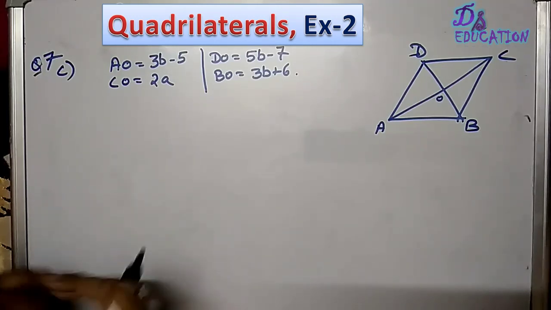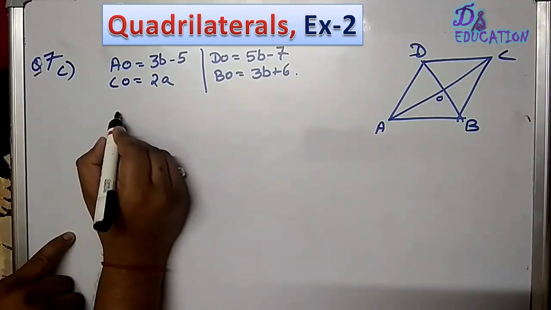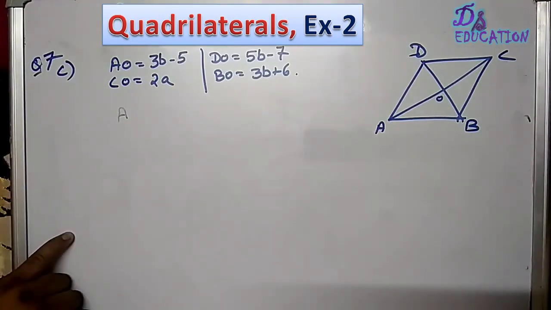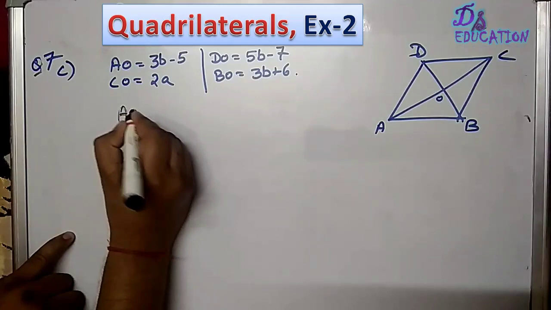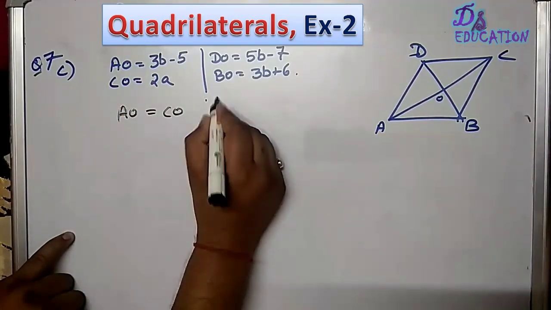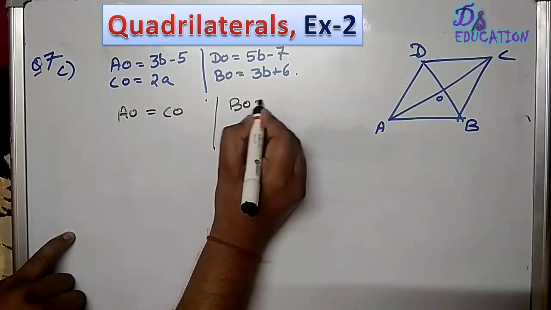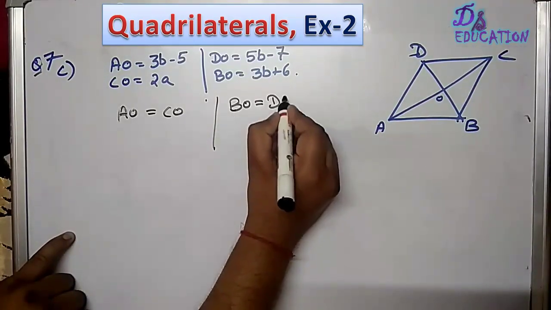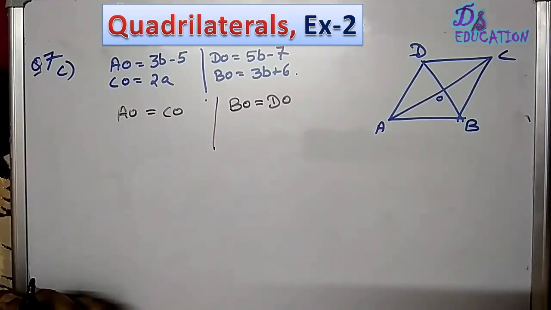Now what is the meaning of bisect? Bisection means AO is equal to CO, okay, and BO is equal to DO. This is the meaning of bisection. The diagonals of a parallelogram bisect each other.